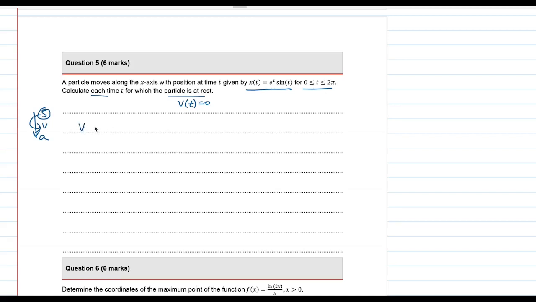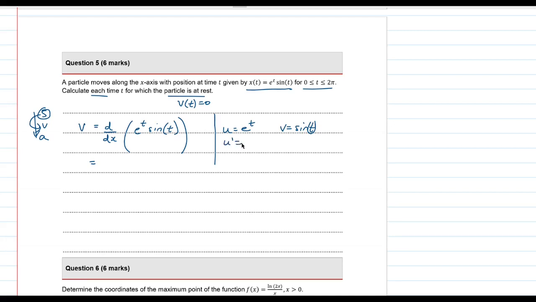So our velocity is going to be d/dt of e^t sine t. Because it's two functions being multiplied together, we can use the product rule to find the derivative. So our u here is e^t, and our v is sine t.